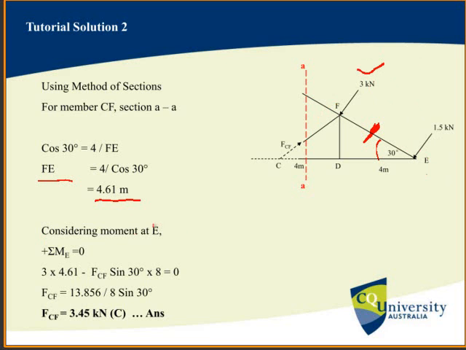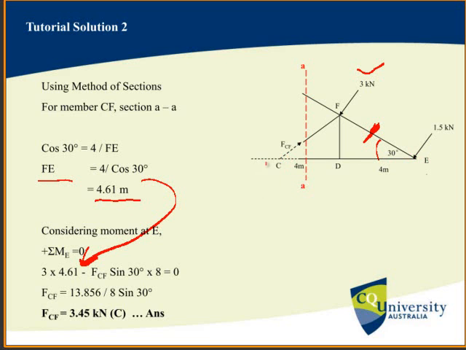Now consider the moment at point E. In that case, it will be 3 into EF. EF means 4.61, and another force FCF. In case of CF force, only the vertical component of this force will be considered for the moment, because the horizontal component goes through the point E, so it will not be considered. Only the vertical component will be considerable.